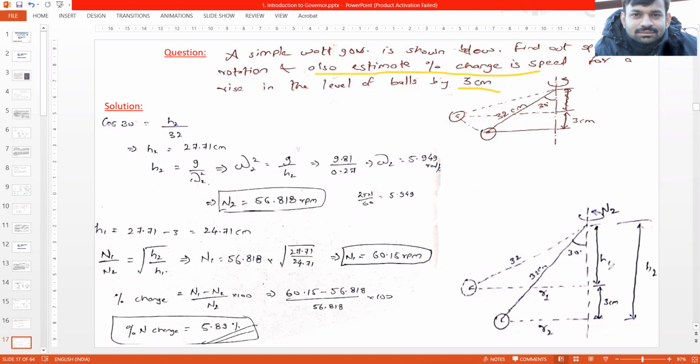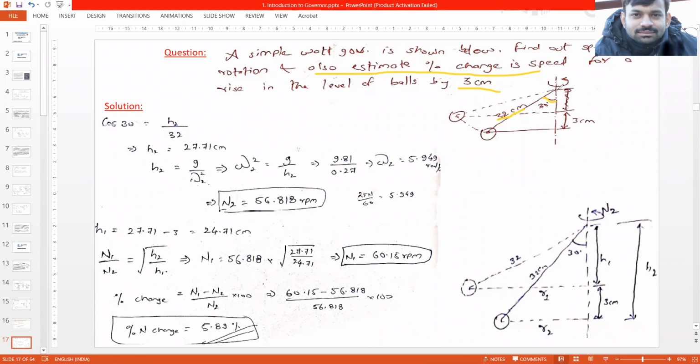So this diagram is given to us that initially when the speed was lower, this angle was 30 degree, and the length of arm is given to us as 32 centimeters.